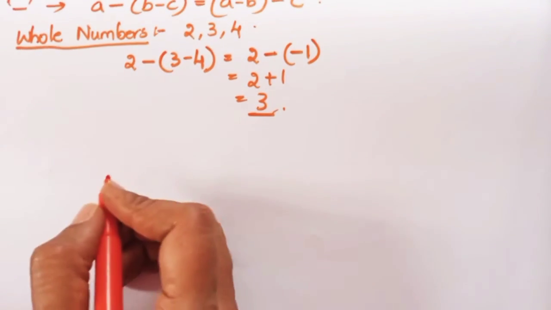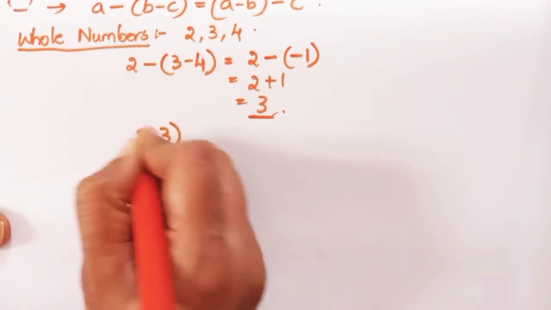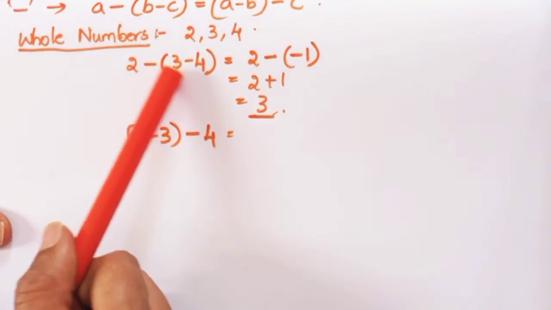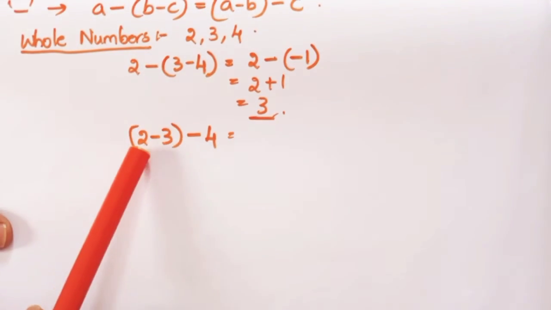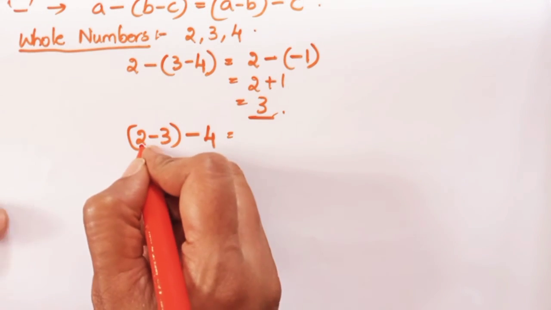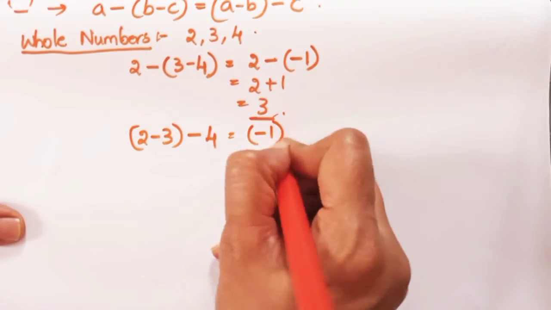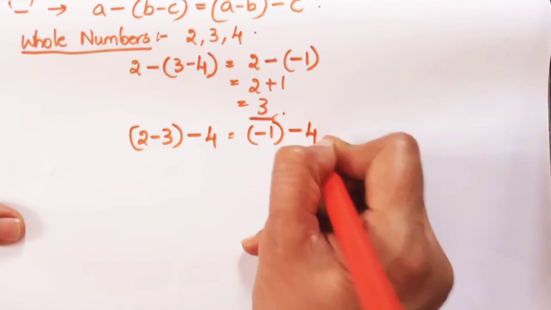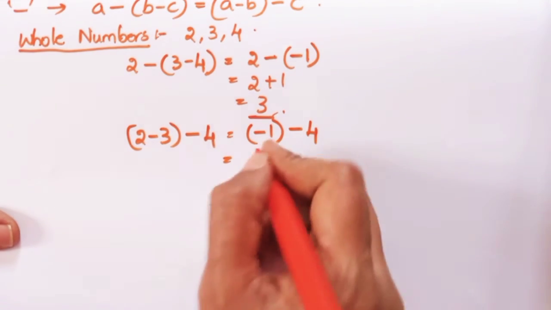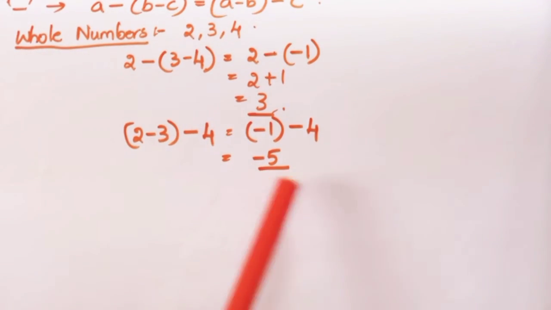What will be my case 2? A minus B minus C. So 2 minus 3, what will I get? It will be minus 1, minus 4. Minus 1 and minus 4 gives me minus 5. This is my result in the second case.